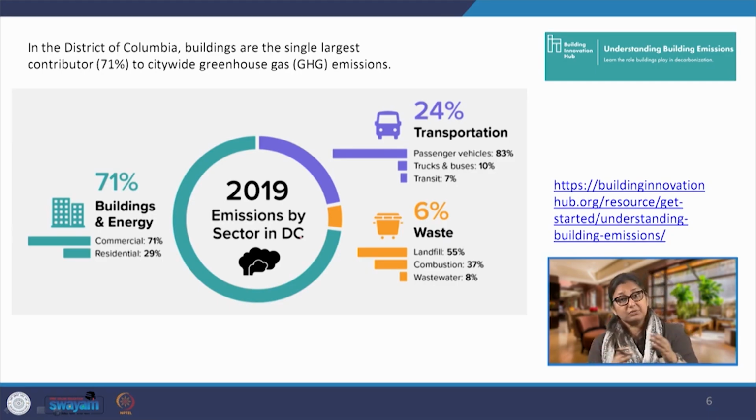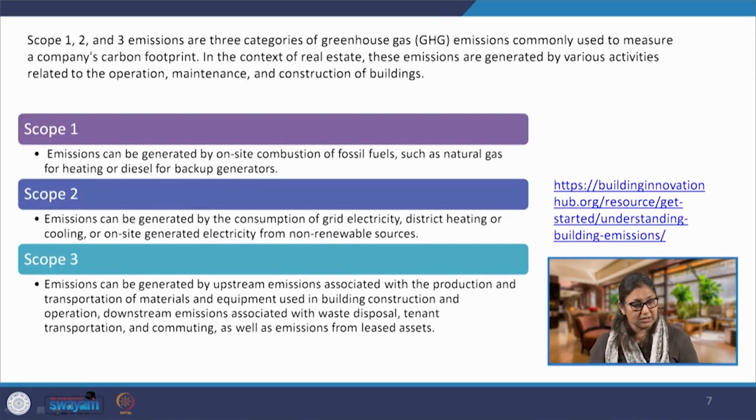If we look at the world, which we have already seen, on an average they contribute to around 25% of the total emissions, and in certain scenarios, we are seeing very high numbers. Overall, the fact is established that buildings plus transportation contribute to the largest amount of greenhouse gas emissions on planet Earth, and we need to look at both of these, and here we are focusing on building design and construction.